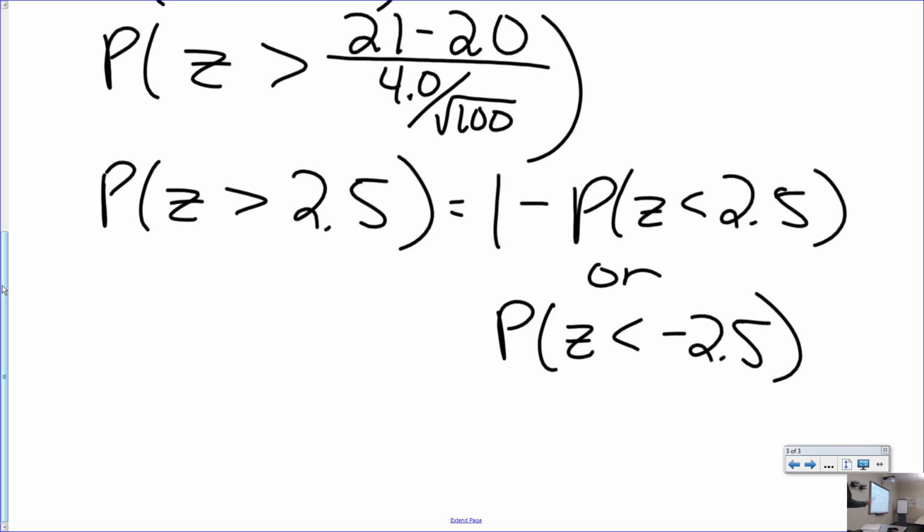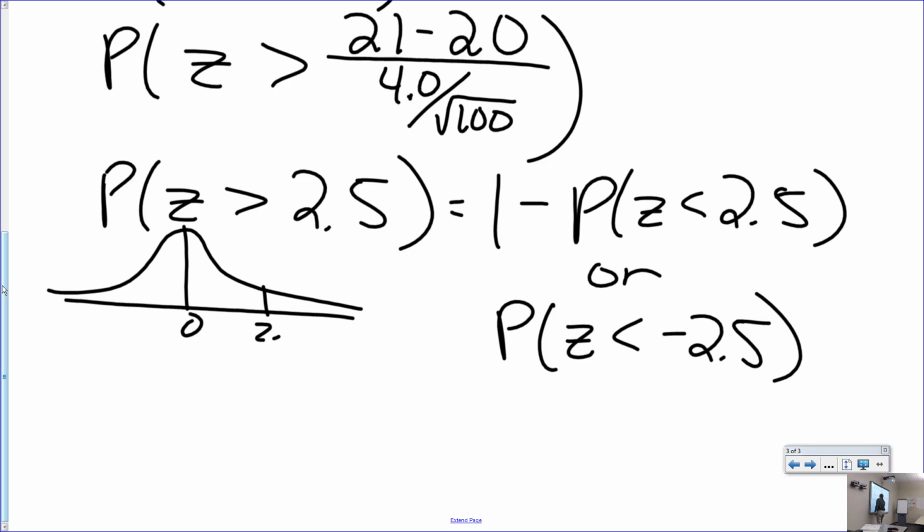So remember the symmetries. The thing I always like to show students, if you want to see why these things are true: here's 0, here's 2.5. We're looking for greater than 2.5. Because it's symmetric, we know over here at negative 2.5, these two shaded regions have to be the same. That's what symmetric means, and that's why greater than 2.5 is the same as less than negative 2.5.